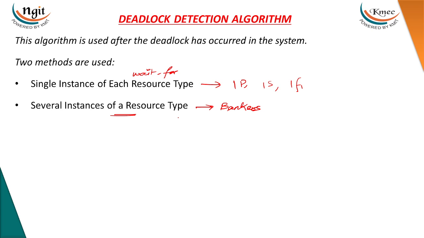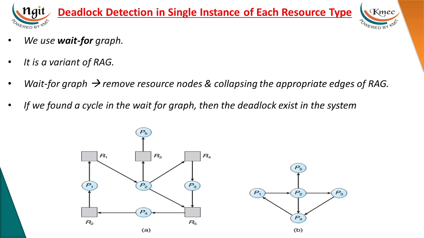First we will see a single instance of each resource type, whether a deadlock has occurred or not. Here we will use a modified version of the resource allocation graph, that is the wait-for graph. In the resource allocation graph, we consider processes and resources as vertices.